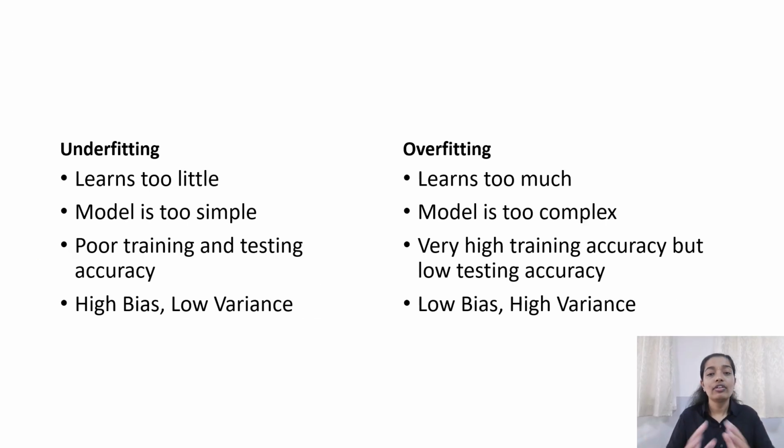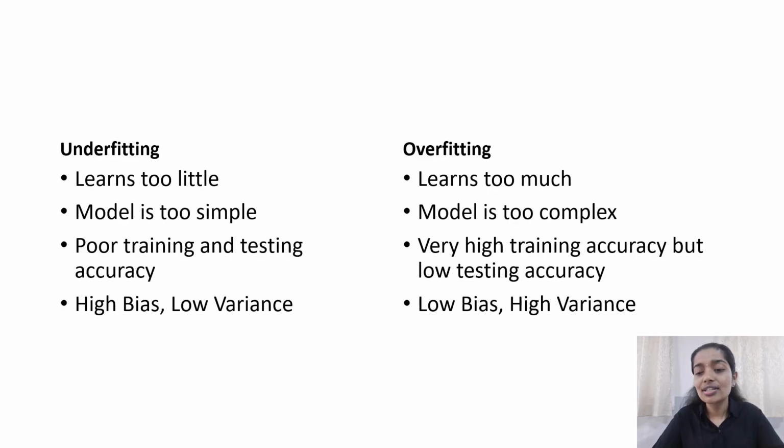Then the important difference between underfitting and overfitting is that in underfitting, the model learns very, very limited knowledge. So just remember the example that we discussed of the student. 10 examples were solved by the teacher in the class. In the underfitting condition, the student only solves 2 examples.